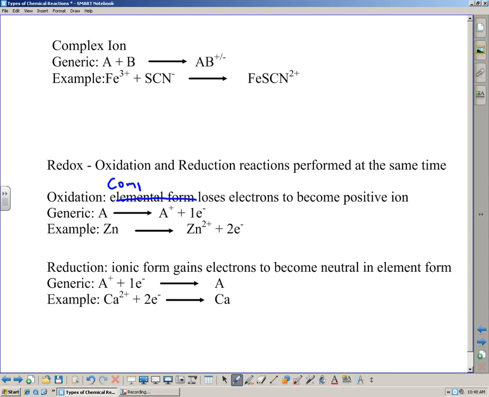So we're going to say compounds or elements. Well, let's say elements. Let me change this again. Ionic form gains to become more less positive.